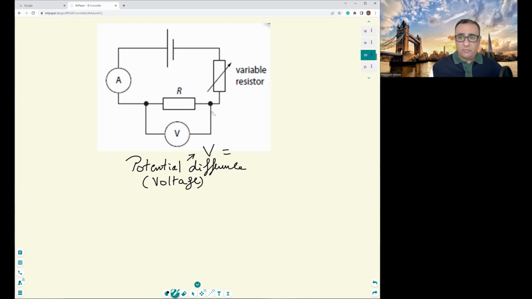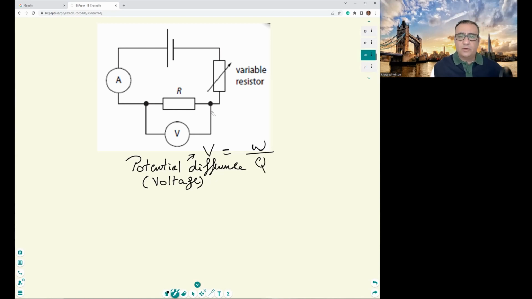Definitions are very important in physics. I encourage you to pay attention to definitions. You will have deeper understanding of physics when you know the definitions, the formula, and the units, and then you will be able to answer questions and solve problems. So when I say work done, I'll say W over Q, the unit of charge, right?